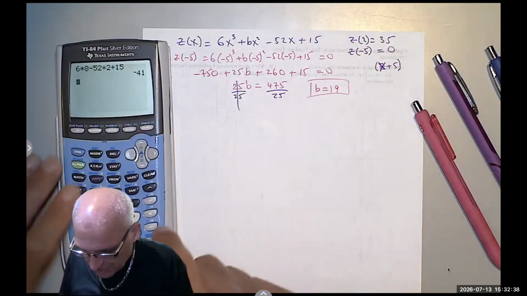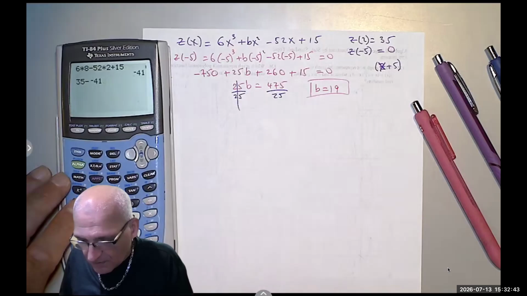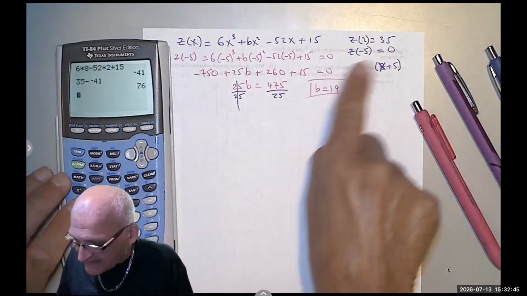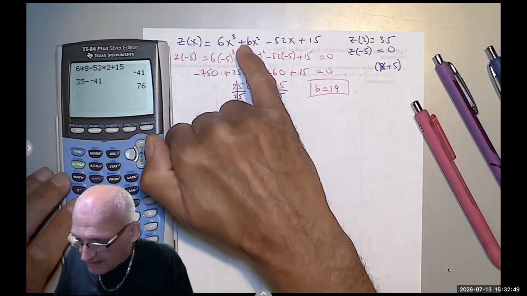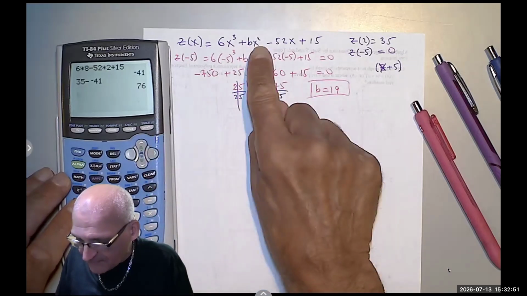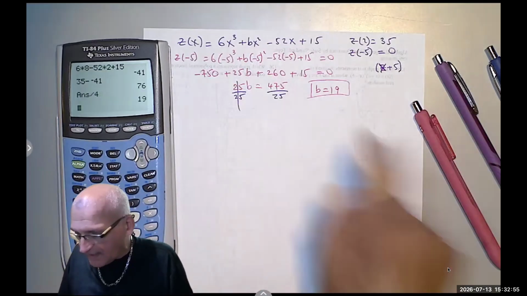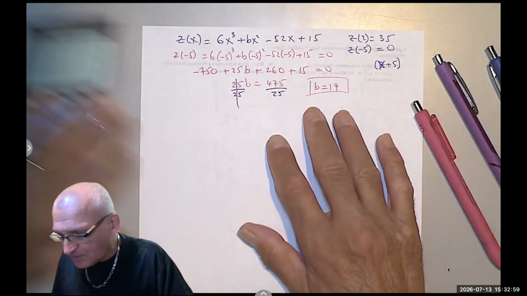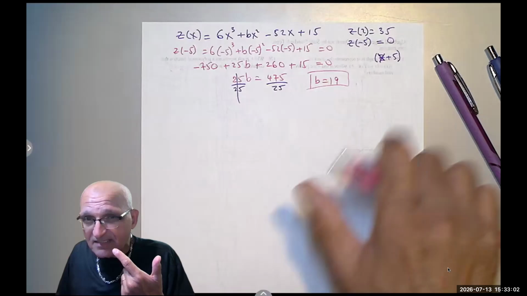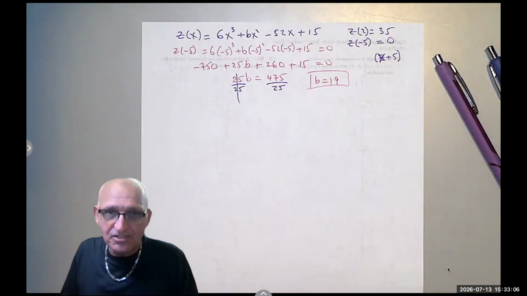So that thing should be 35 plus negative 41 or 76. If I divide 76 by 4, because this is 4b squared, I get 19. So I get the same number. That's why I said, why do they give us 2? I really don't know. Remember, just as an exercise, we are going to use the synthetic division.